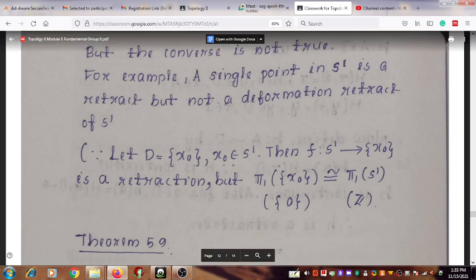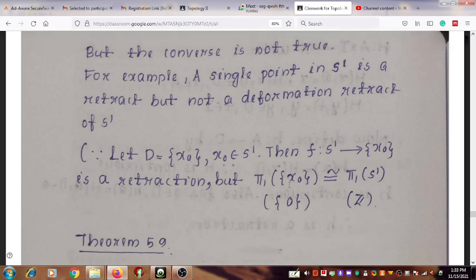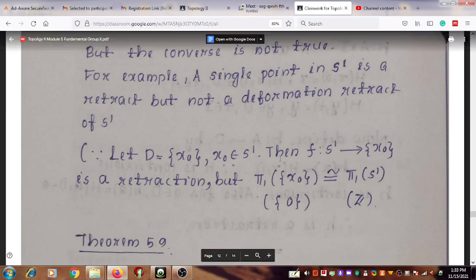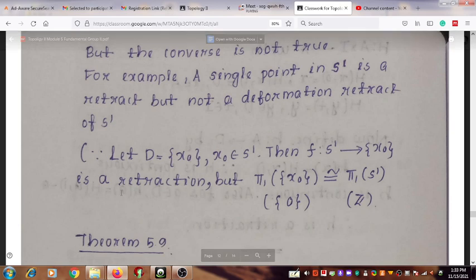we also know that pi 1 of {x0} is a trivial group. Since x0 is a single point, it is a trivial group which contains only the identity element. But pi 1 of S1 is equal to Z, which is already proved, an established fact. If f from S1 to {x0} is a retraction, then we must get pi 1 of {x0} isomorphic to pi 1 of S1, but that is not the case.